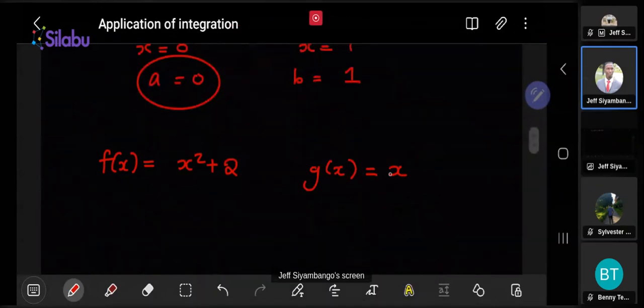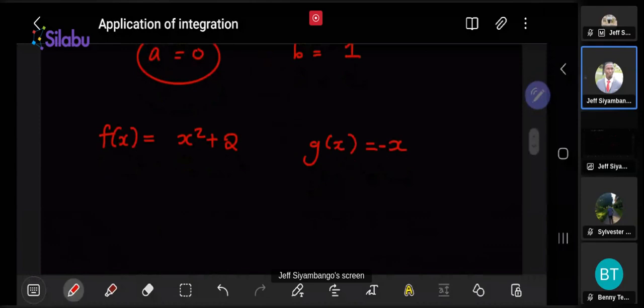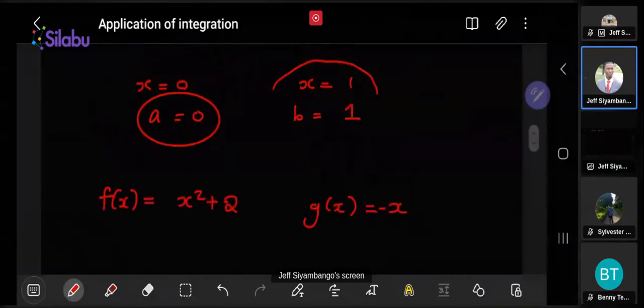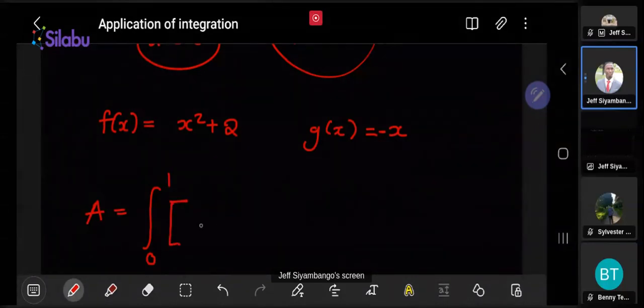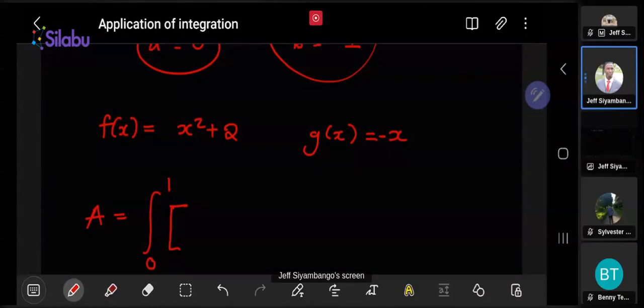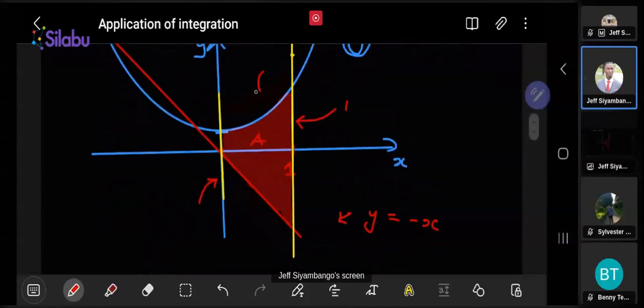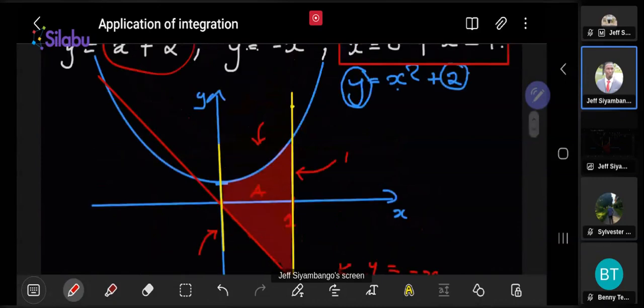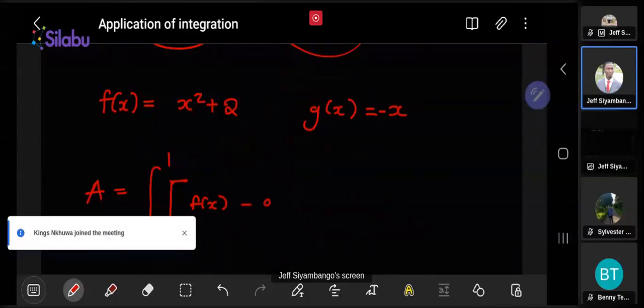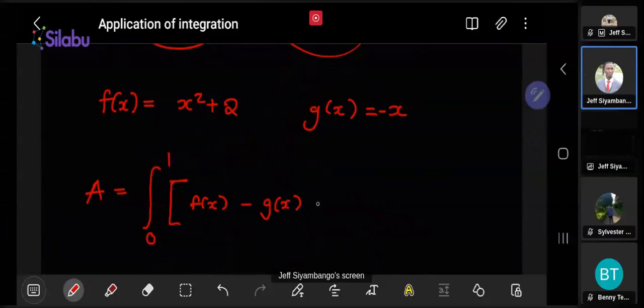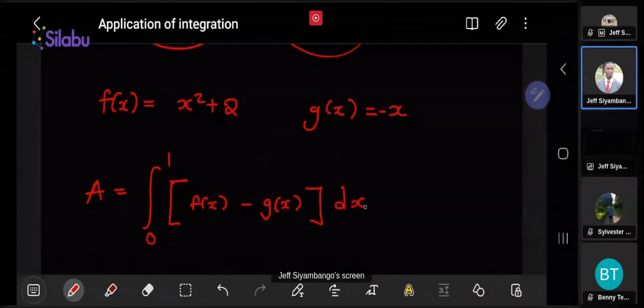So from here, we can do the math. We already have A and B highlighted. So the integral, or the area we're looking for, becomes from when x is equal to 0 to when x is equal to 1. And then the two curves, we have to see the one which is greater. The one on top is f of x. So we're going to have f of x minus g of x, with respect to x.